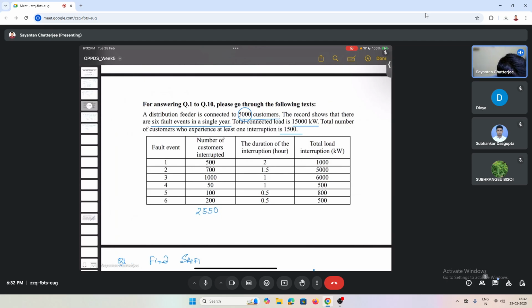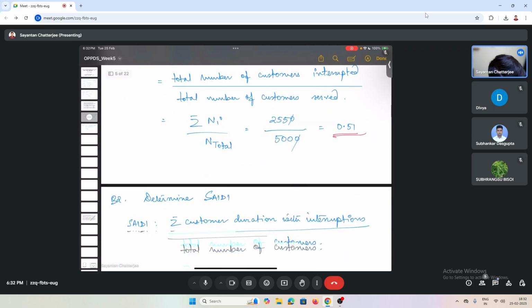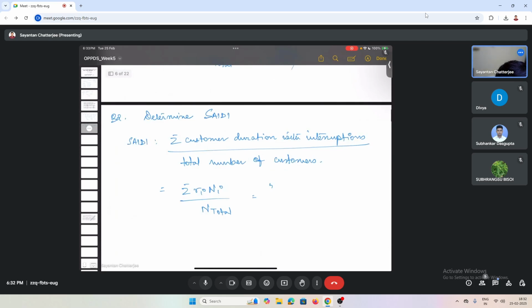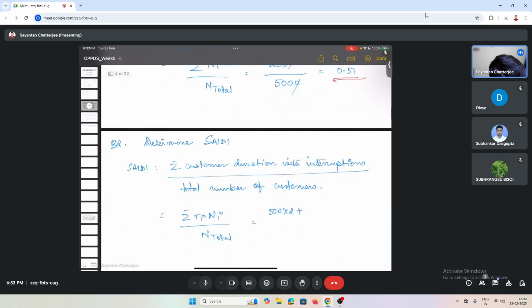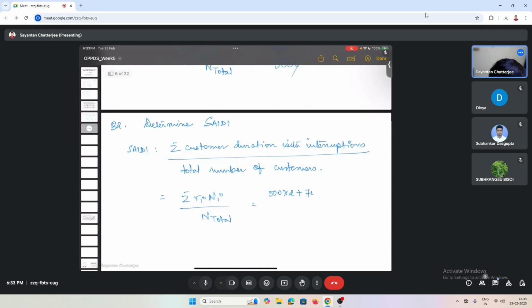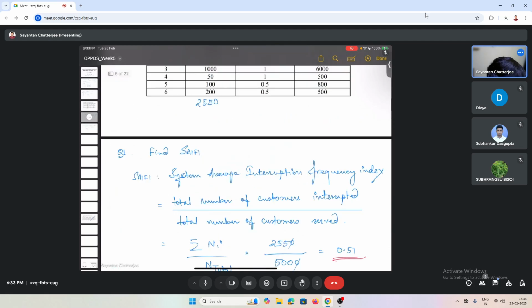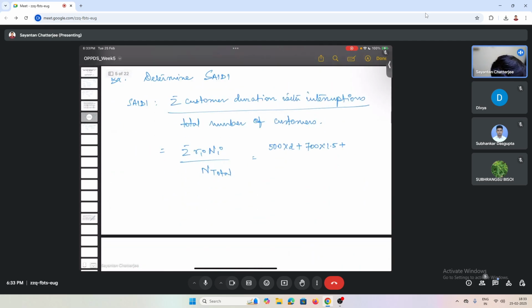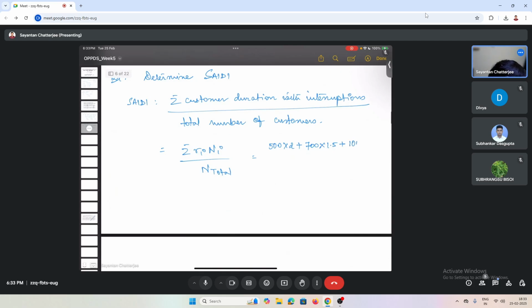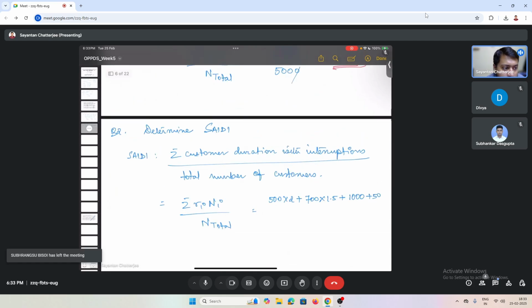So the first one will be 500 into 2, plus 700 into 1.5, plus 1000 plus 50. I'm writing it directly, 1000 plus 50, because both of them are multiplied with 1.